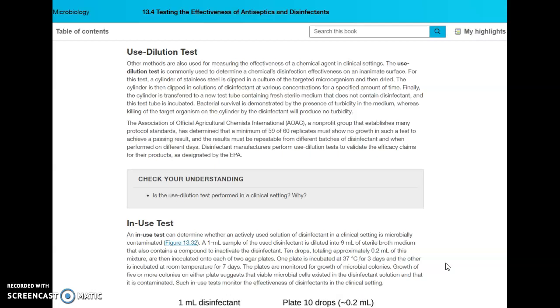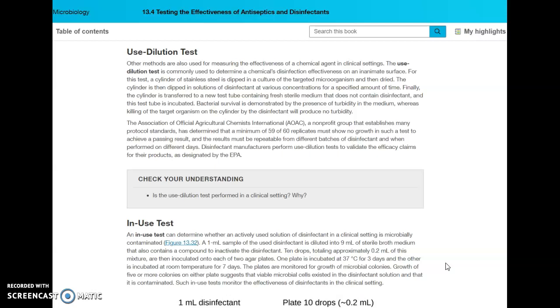They take a cylinder of stainless steel that's been dipped in the culture that they want to test and then dried. And then they take that cylinder and they dip it in the solutions of the disinfectant at various concentrations for various lengths of time.